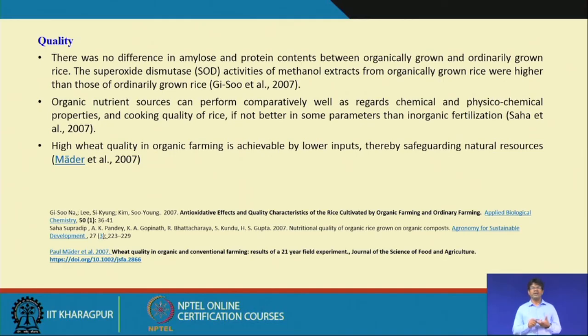So, go for organics as nutrient management, and use the organic formulations we have given regularly, maybe at 10 day intervals, so that the crop is protected from many pests and diseases and you can maintain the yield levels. At the same time, you can have better quality produce and a better environment to live in.